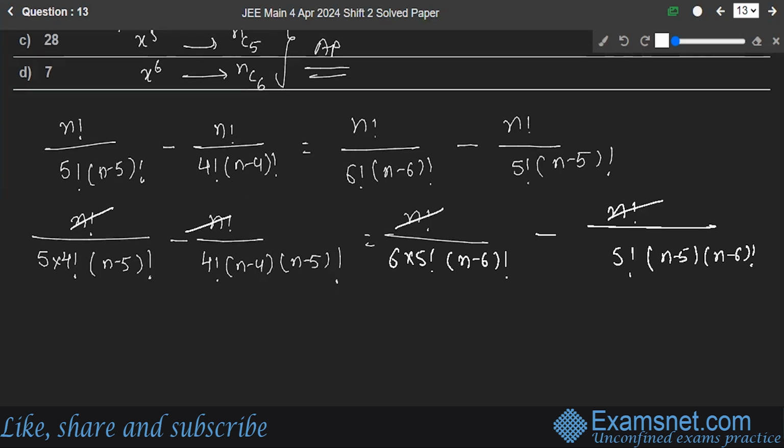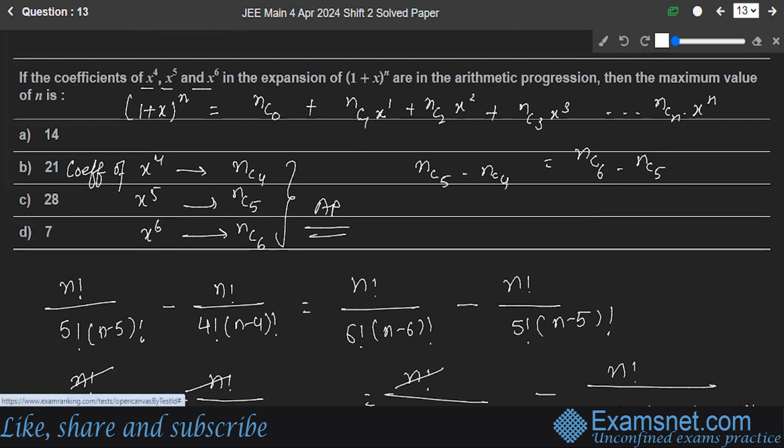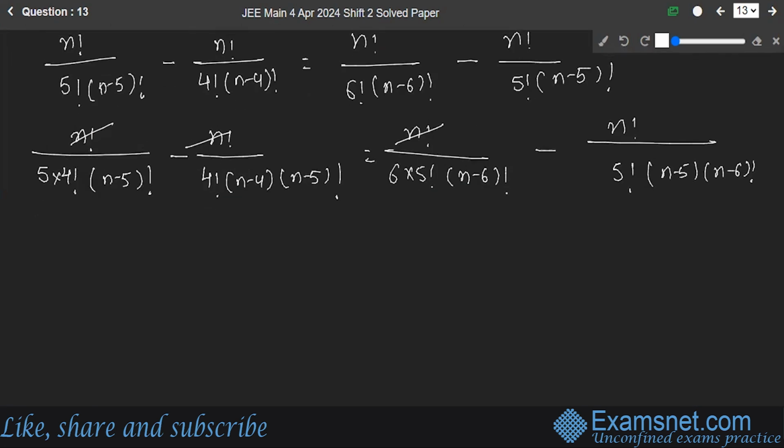This will go away. And okay, this is 5 factorial over here. Okay, let's write it down. This will come out to be 1 upon 4 factorial n minus 5 factorial.